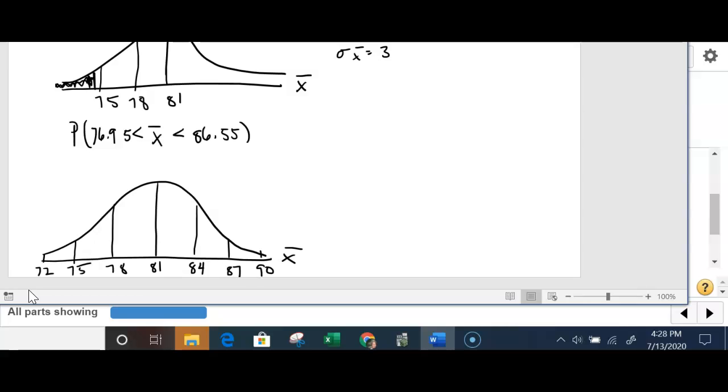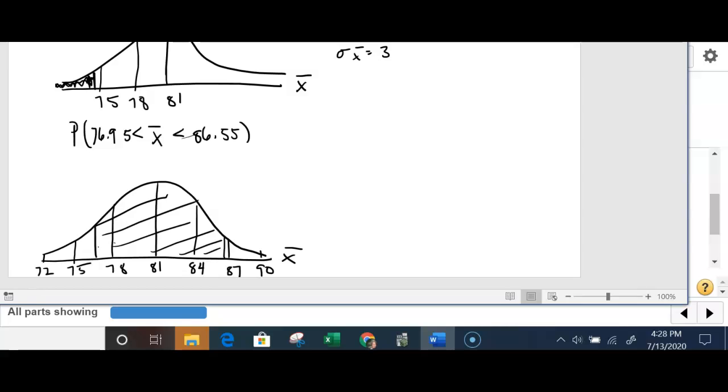So using that in mind, we have 76.95, which is like there, and 86.55, which is like there. It's more than the 68%, but a little bit shy of the 95%. So somewhere between 68 and 95 should be my answer.